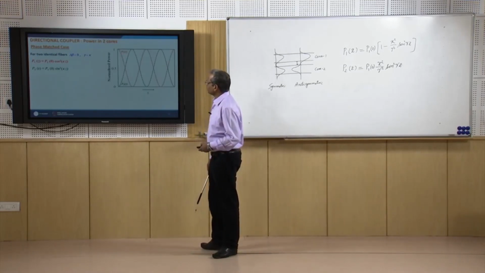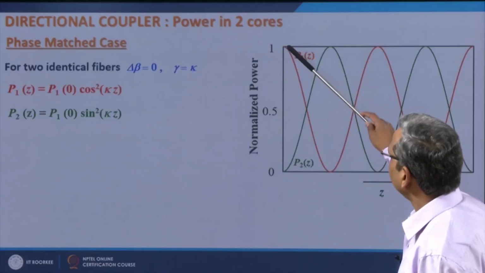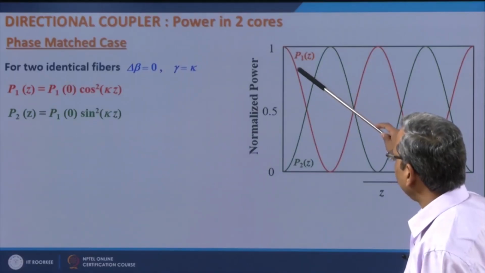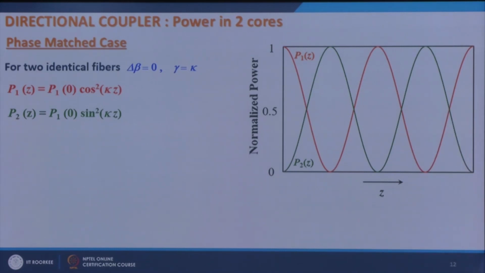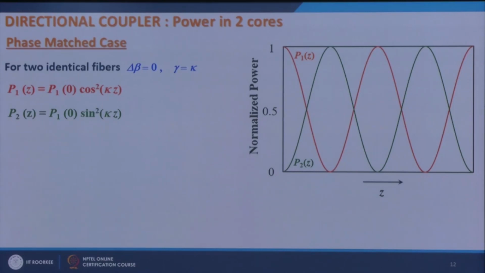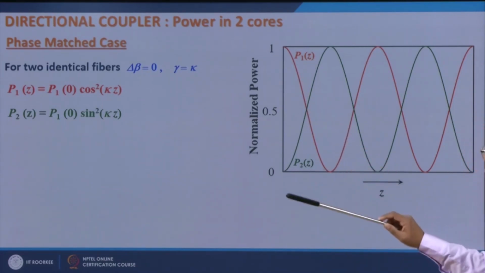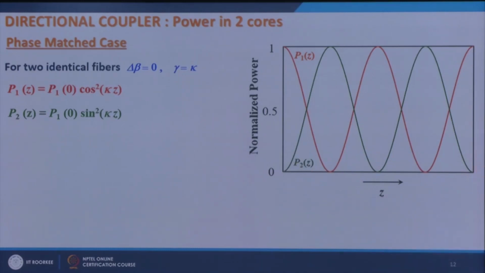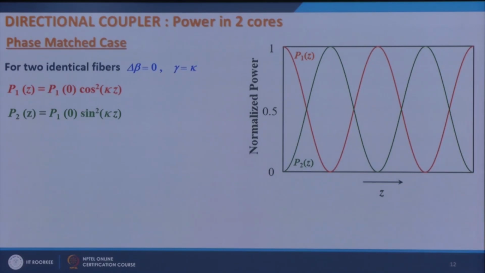If I plot them with respect to z, then I can see that P1(z) is cosine square kappa z, which is like this, and P2(z) is sine square kappa z, which is like this. So, these are the plots of P1(z) over P10 and P2(z) over P10, that is, P1 and P2 normalized with respect to the input power.